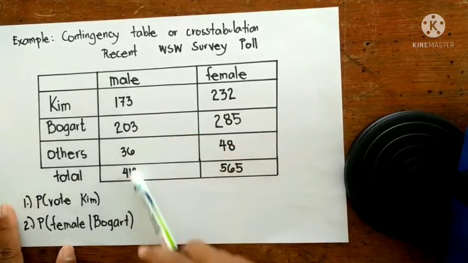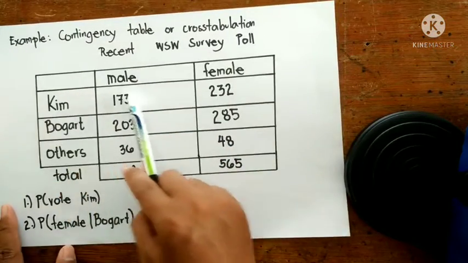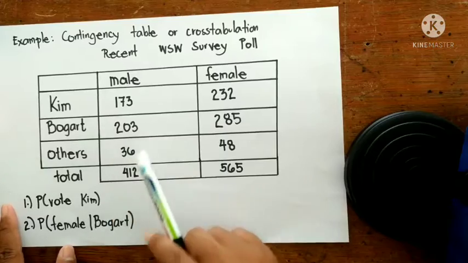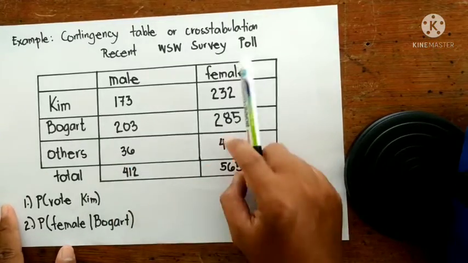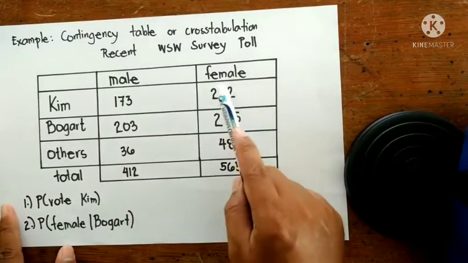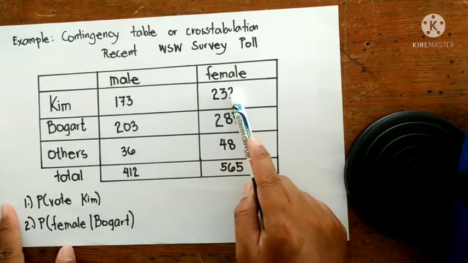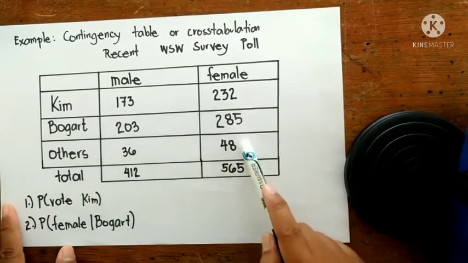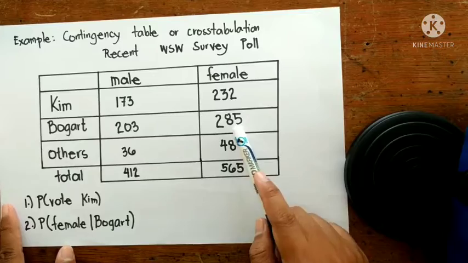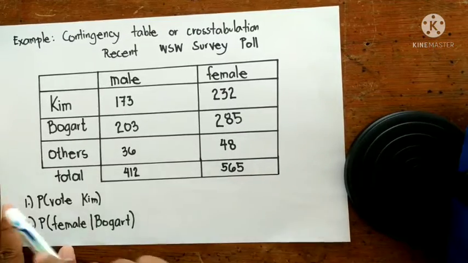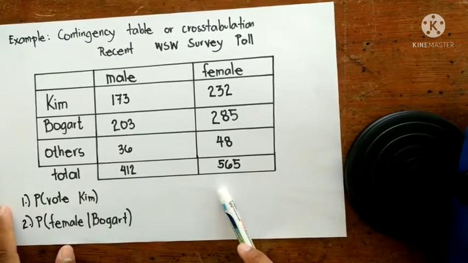The number of male voters who voted for Kim was 173, Bogart 203, others 36. For female voters, the number who voted for Kim was 232, and for Bogart was 285. For others, 48. A total of 565.